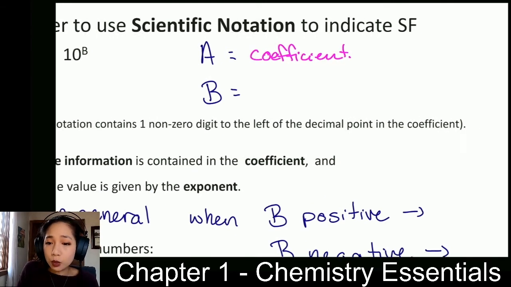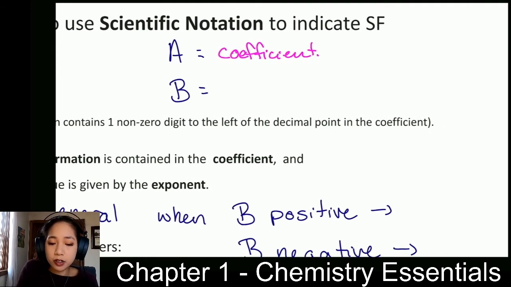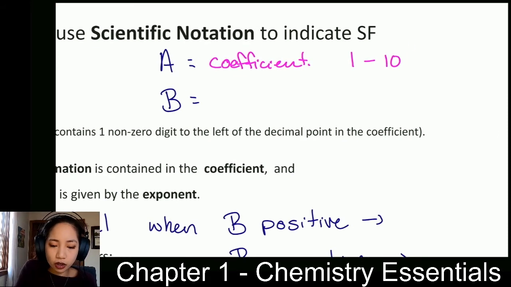And a will always be some type of number between 1 and 10. So it will never be 10. So we always want to have one digit in the ones place for our a coefficient. And then that a coefficient conveys all significant figures. B, that is our exponent.